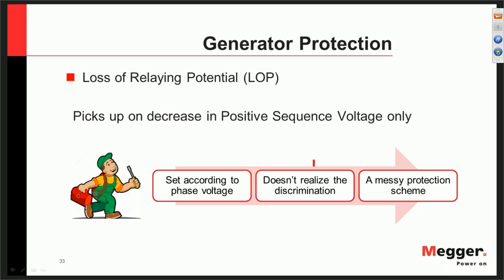He sees that the protection scheme afterwards is failing. There are a lot of problems in the protection scheme because of that. But if he had known the concept of positive sequence voltage, then he would have given the system a good look from the protection scheme idea.